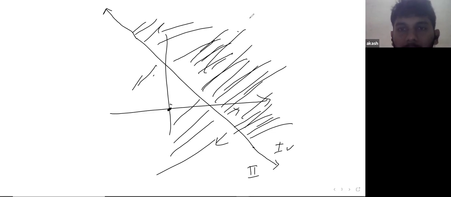So I'll give you one question. Draw the graph of the inequation x plus y less than or equal to 2. See, less than and less than or equal to doesn't contain much difference.